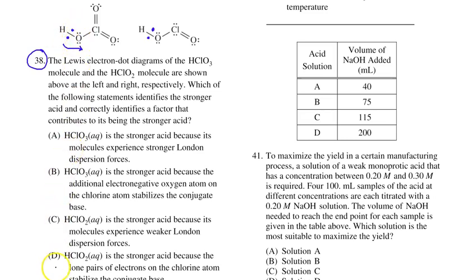Now, if you look at your choices, none of that is explained. Another way to talk about how well these electrons can be pulled in, and allow the H plus to leave, is to talk about the stability of the compound once the H plus leaves.